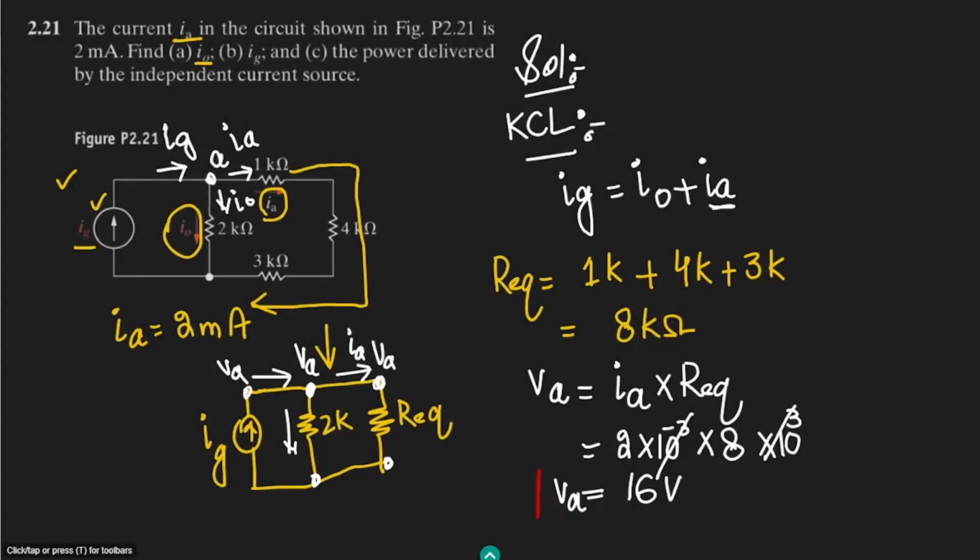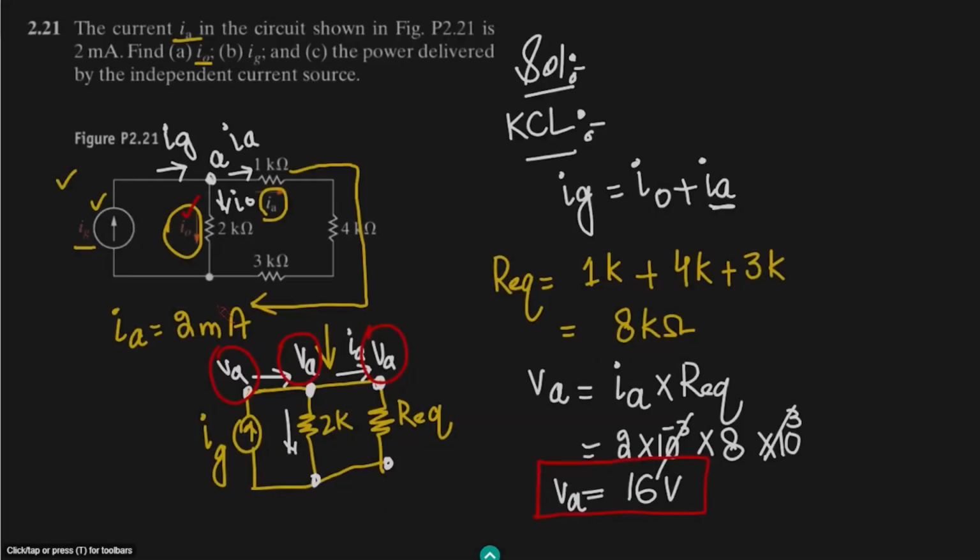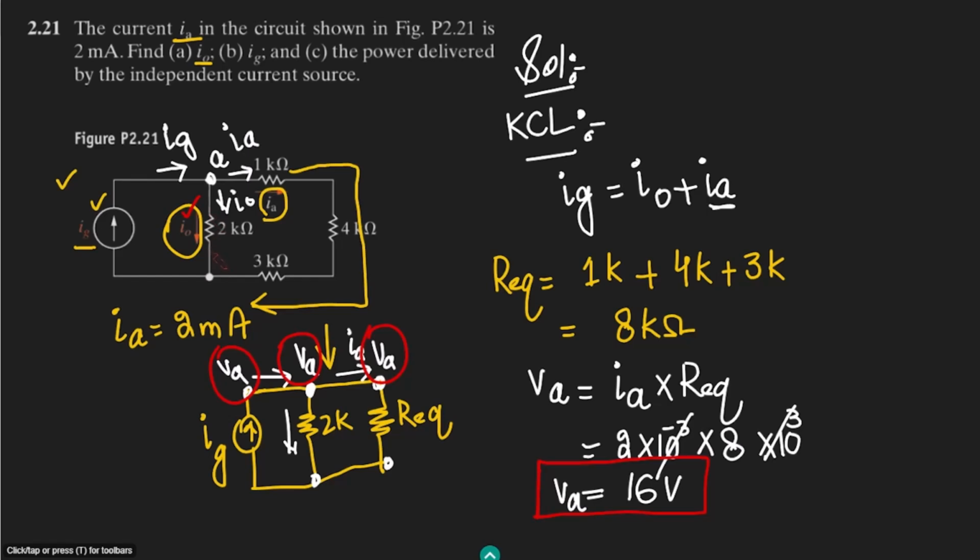If this voltage is known and this resistance is also known, we can very easily find the value of this current, which is I naught. Why? Because with each passive element we have three quantities associated: voltage, current, and resistance. If two of them are known, we can easily find the third one.